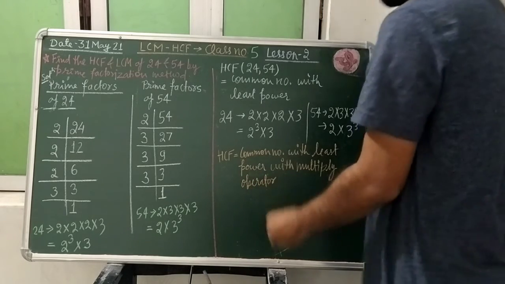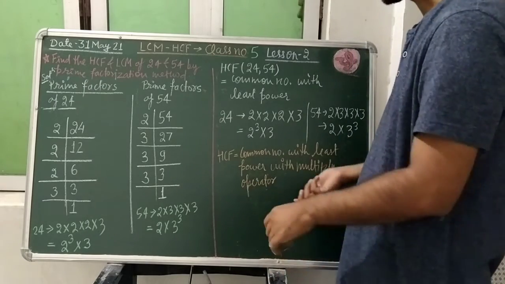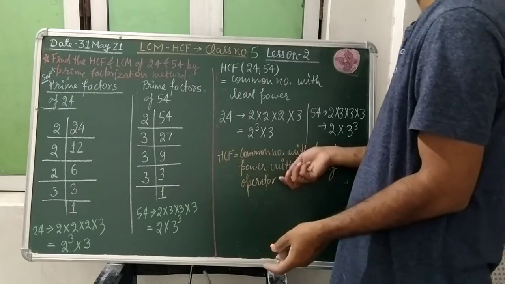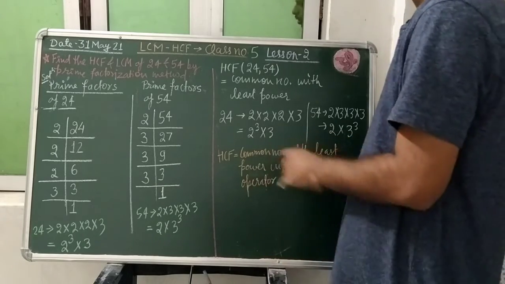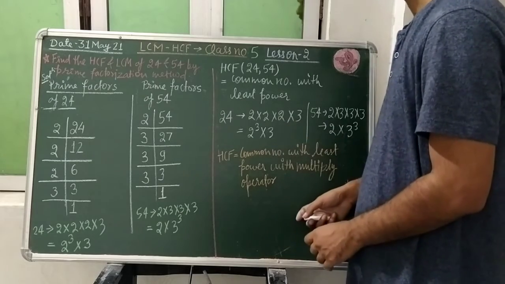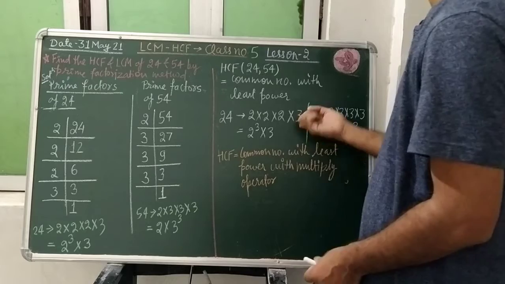Okay students, so for HCF highest is there, highest common factor. So for the prime factorization method the opposite of highest is lowest, so we shall apply the rule common number with least power.